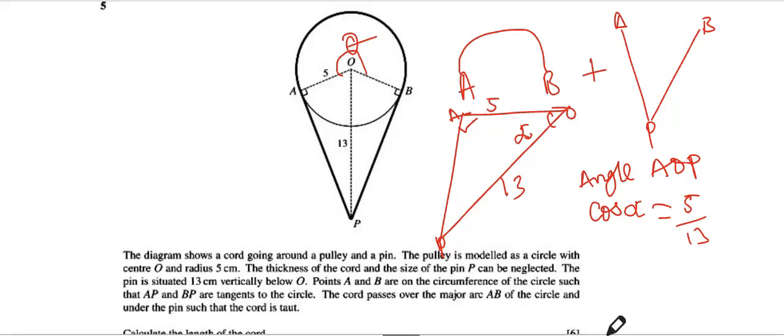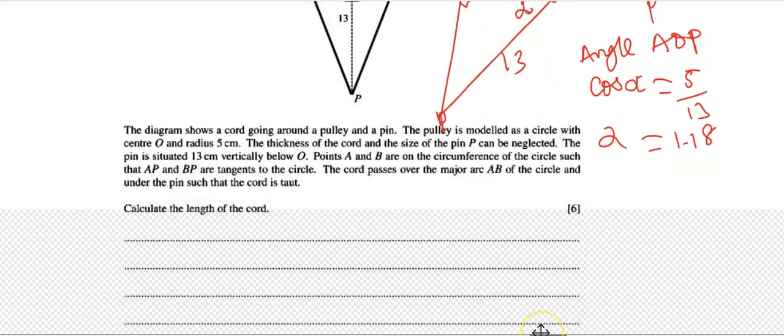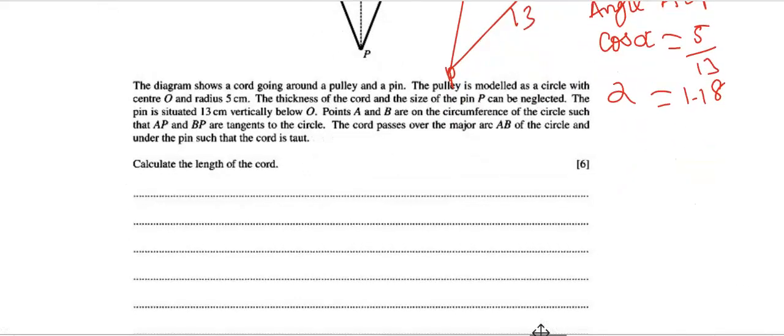So if we find alpha, it will simply be 1.18. Now, what will be the length of AP?